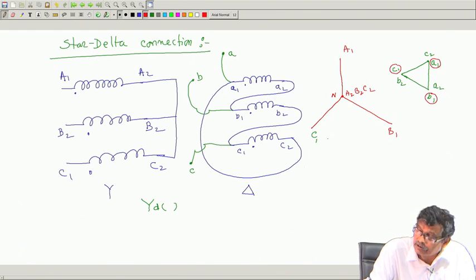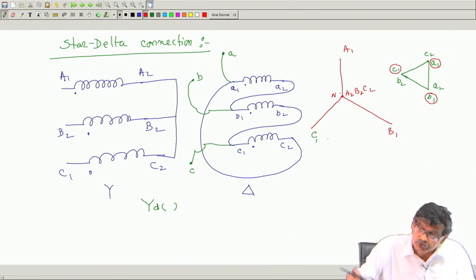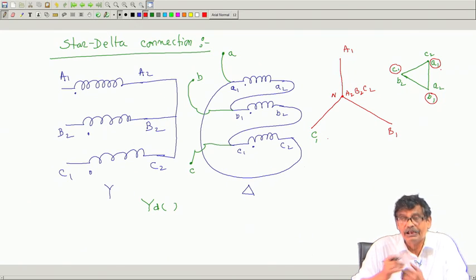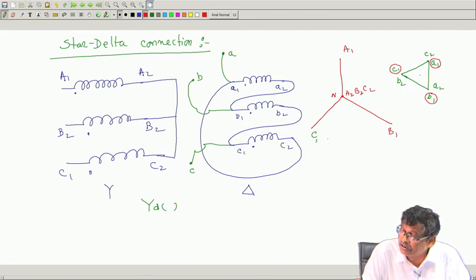This is the A phase voltage. Go to secondary side, where is your A phase? This one, and what is this voltage with respect to its neutral? But there is no neutral available. So, what you do? You go to the artificial neutral.